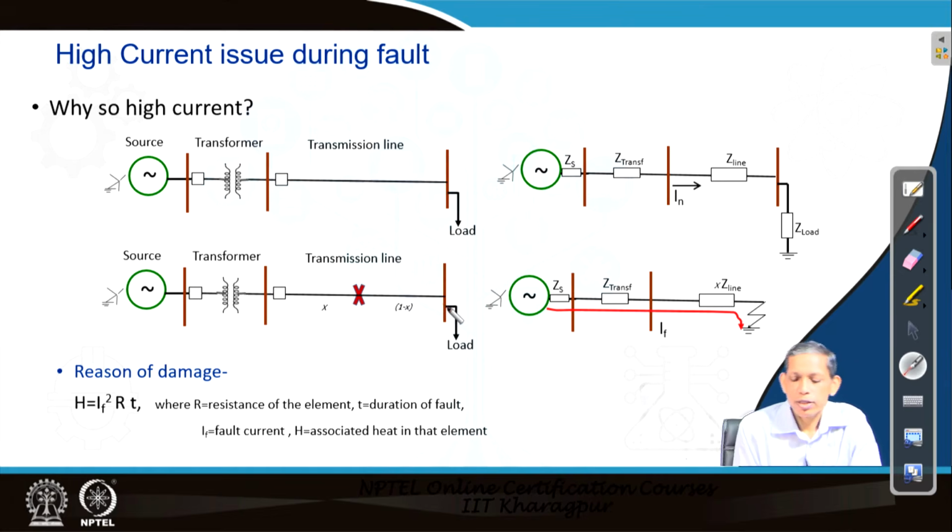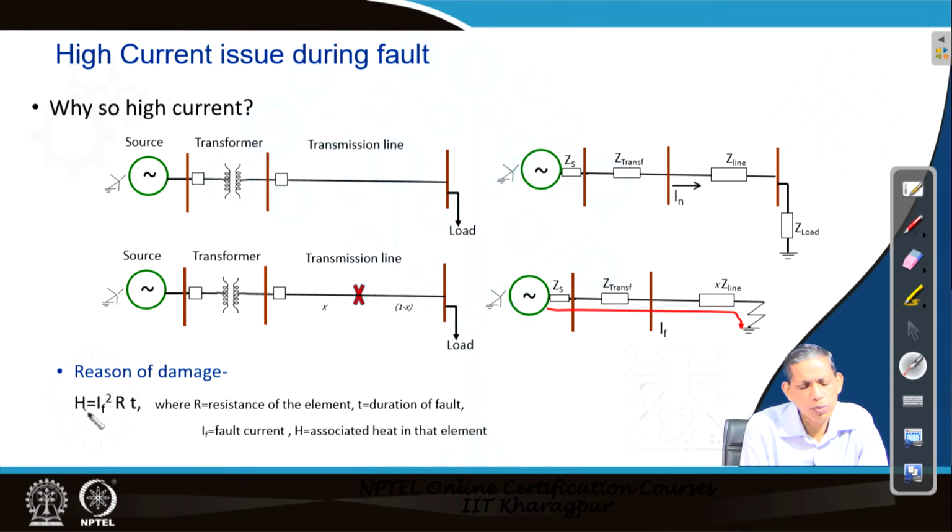Such a large current is detrimental to the system and may lead to damage of different elements in the power system. The factors which lead to damage are governed by the relation H equals I f square R t, where I f is the fault current, which is several times the normal current, R is the resistance of the element concerned, and t the duration of the fault.